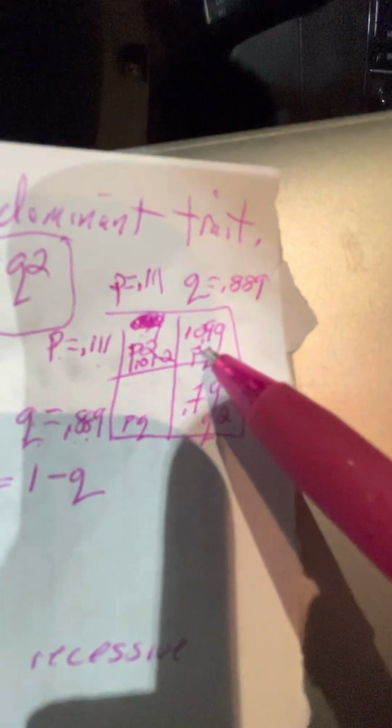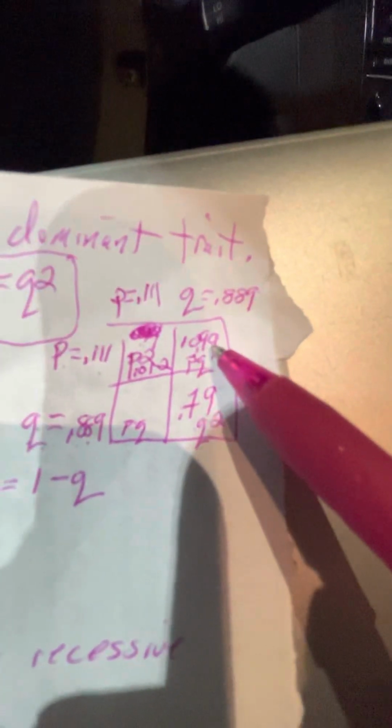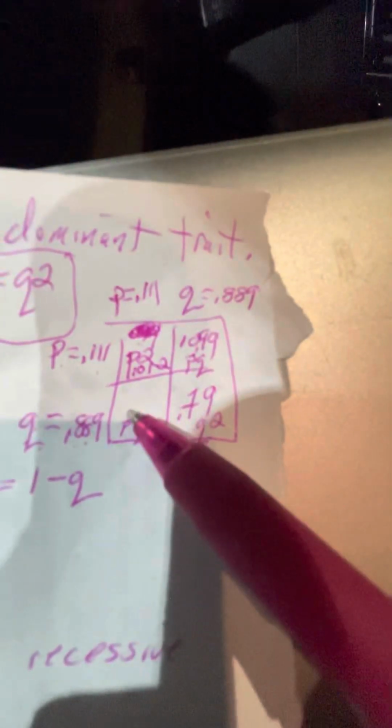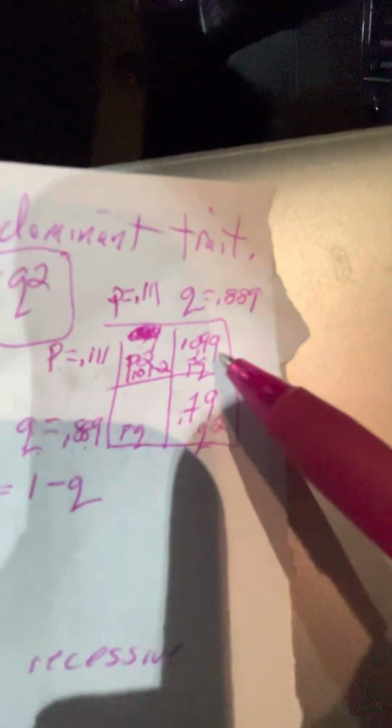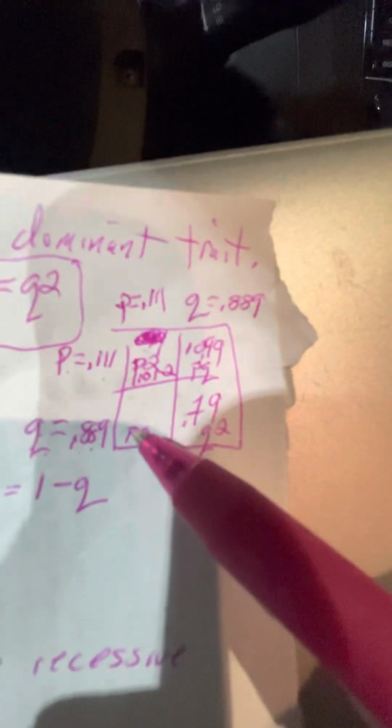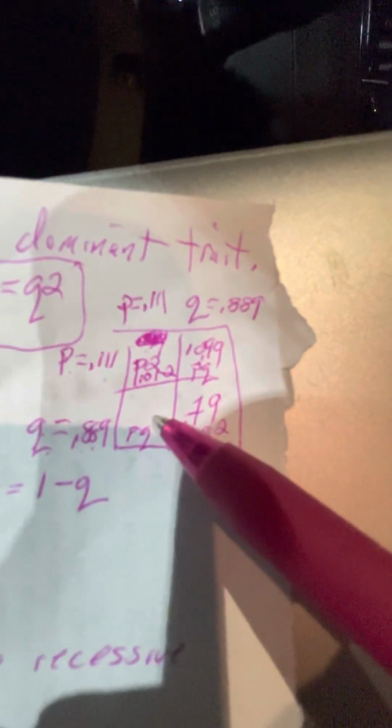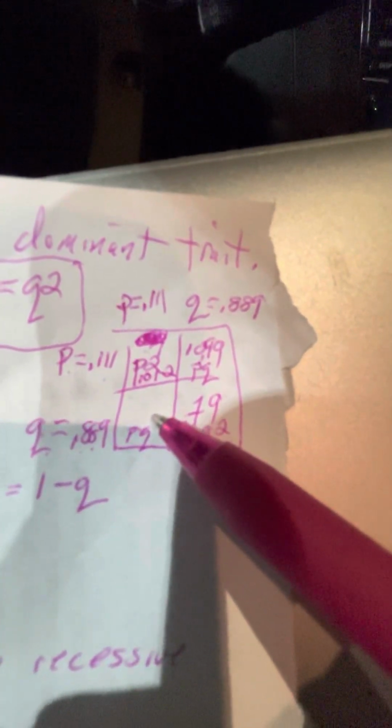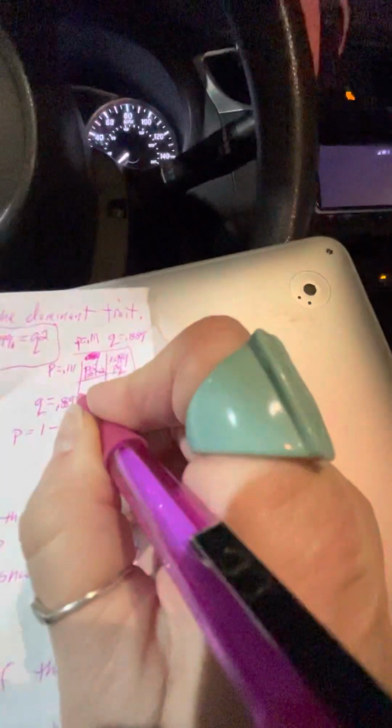Sorry, that's small. And then my Q squared is 0.79. For PQ, it's 0.099. For my other PQ, I'm going to take P down and Q across, and I also get 0.099.